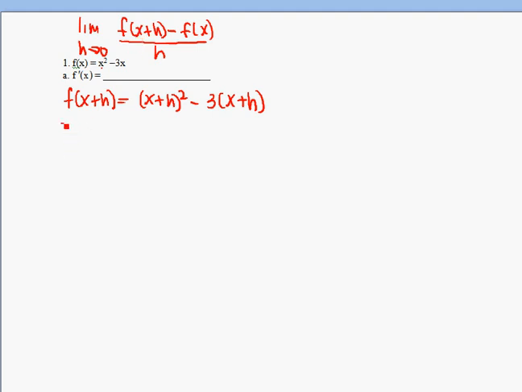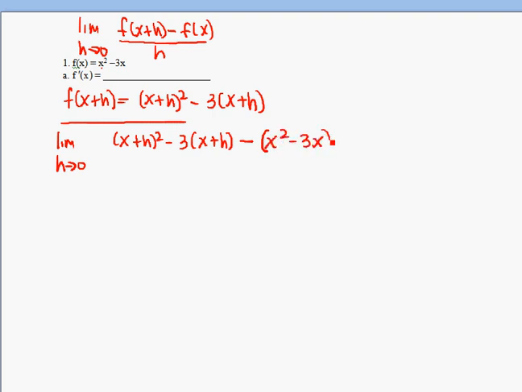It's the limit as h approaches 0 of f of x plus h, which is this here, x plus h squared minus 3 times x plus h, minus the whole quantity of f of x, so x squared minus 3x, all over h.